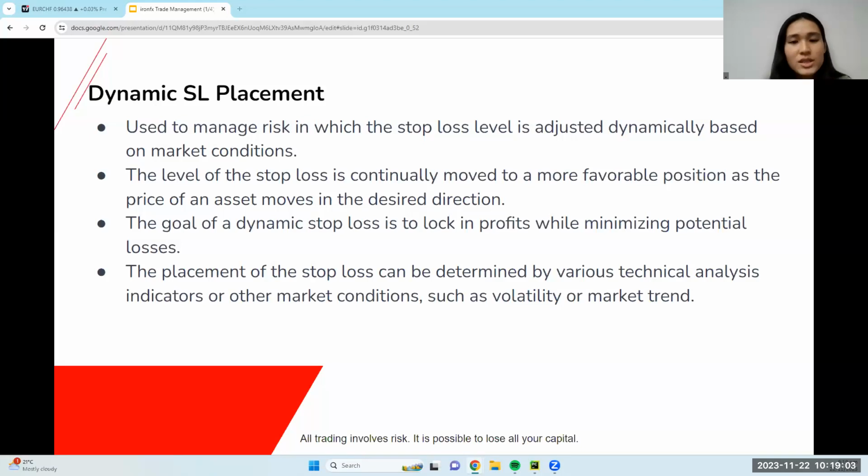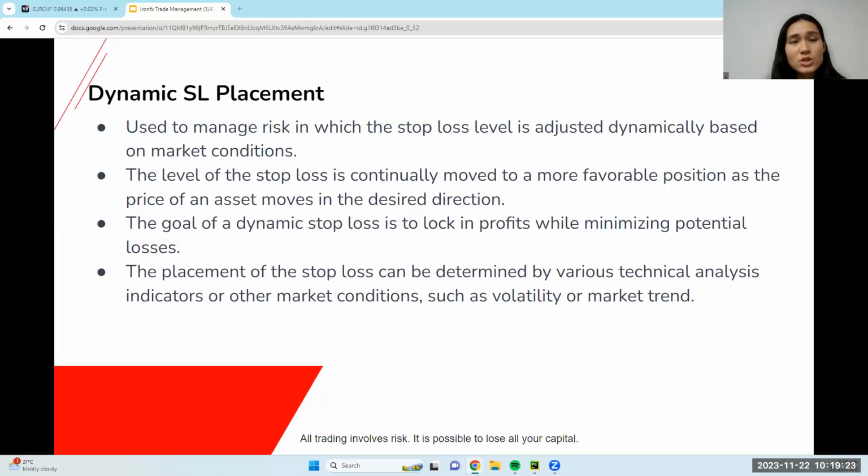This is why it's important to have dynamic stop loss and take profit placements. Dynamic stop loss is a trading strategy used to manage risk, in which the stop loss level is adjusted dynamically based on market conditions.